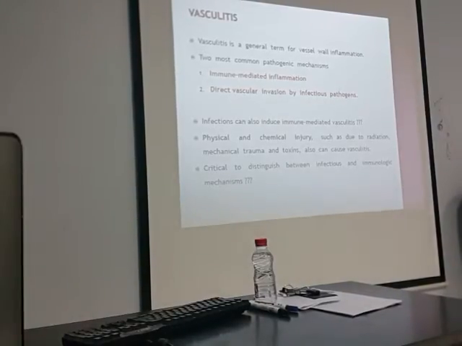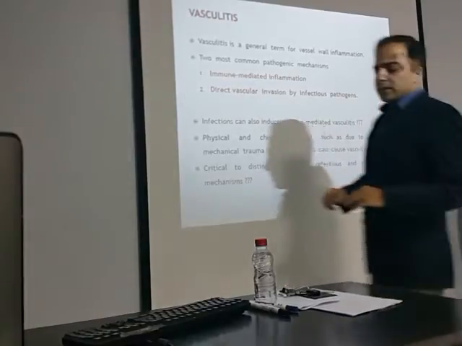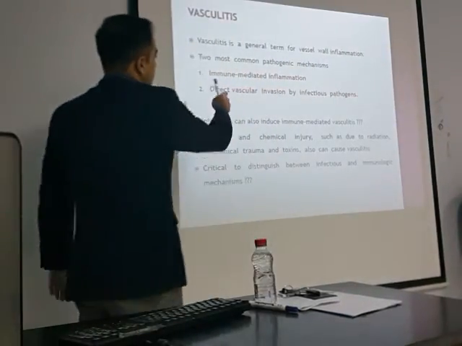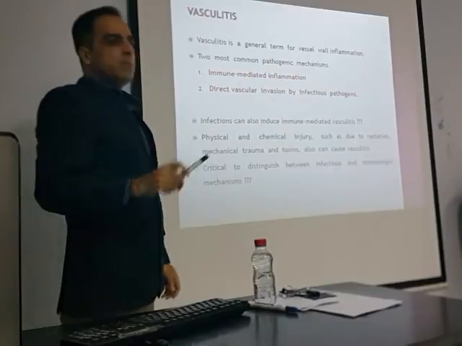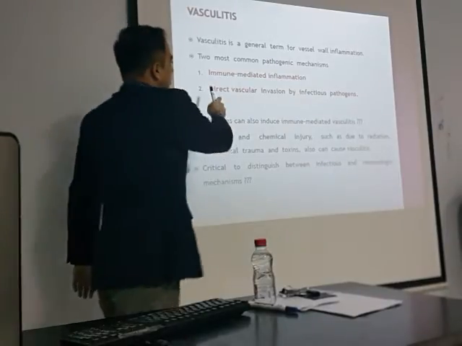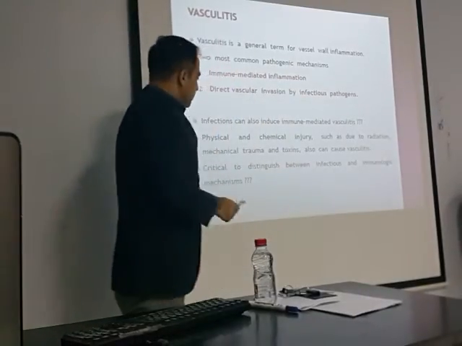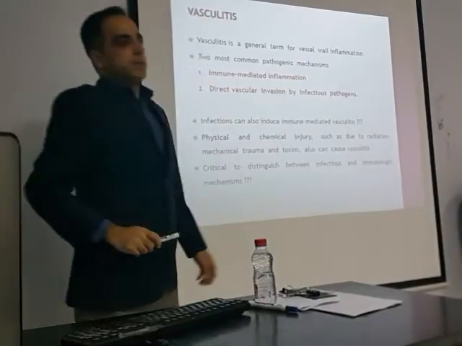So these are the two main mechanisms. Besides these, you can have physical and chemical agents, like mechanical trauma, toxins, and radiations. So these are the three main things which you will be seeing: immune mediated inflammation by immune complexes or antibody, direct vascular invasion by infections, and physical and chemical injuries.